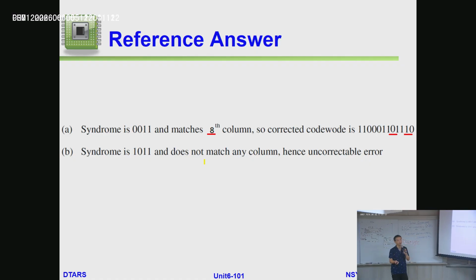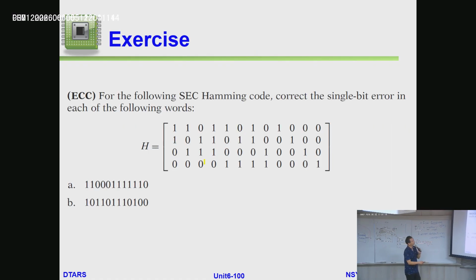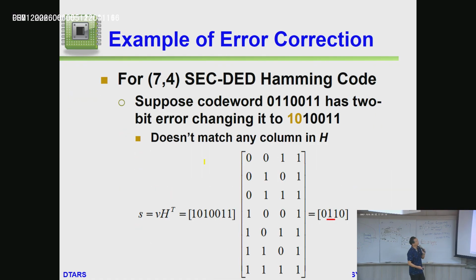Okay, so when you go back home, please try to calculate this one again. And here you can find the other example. This is 74, which means that we have 4 bits for your original data, and we have 3 check bits, so the total number of bits is 7.